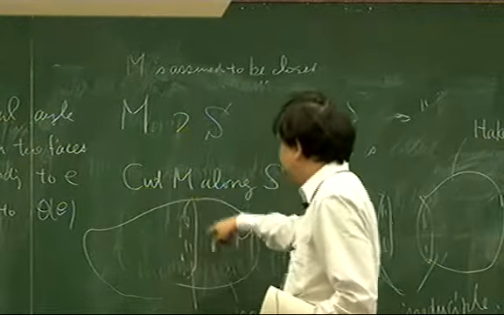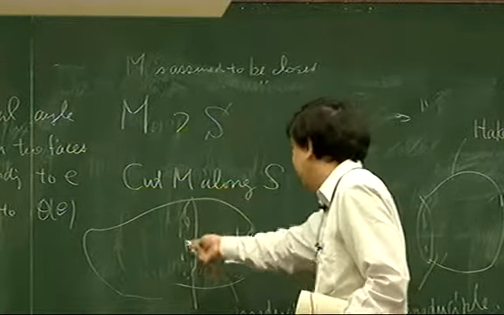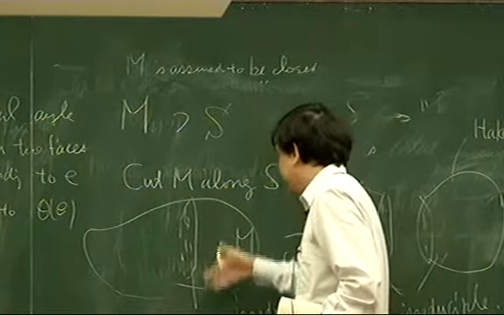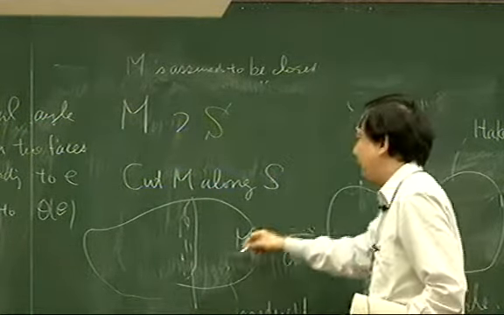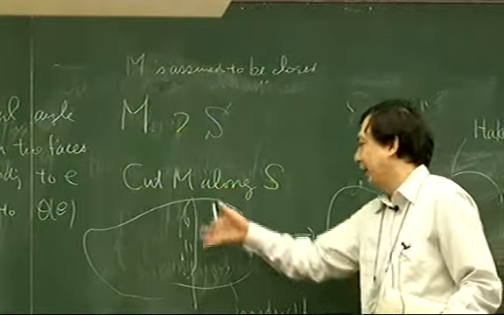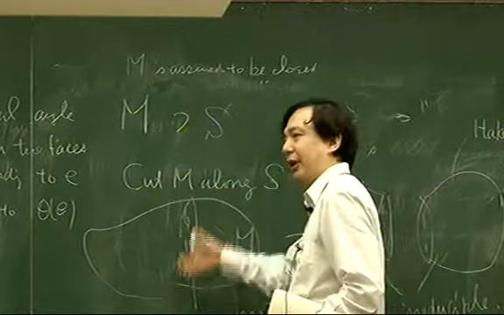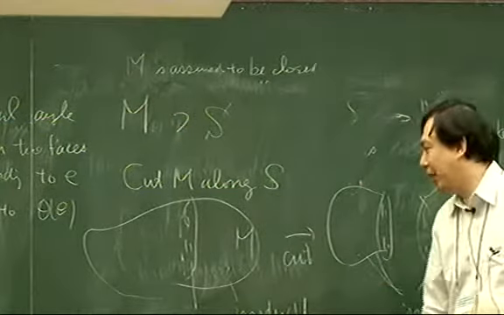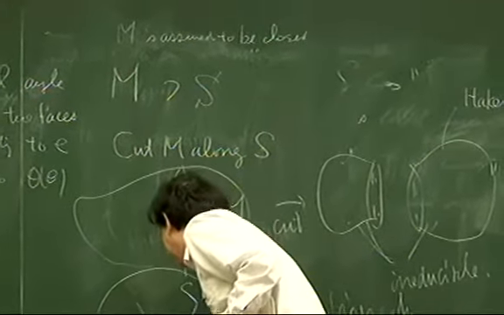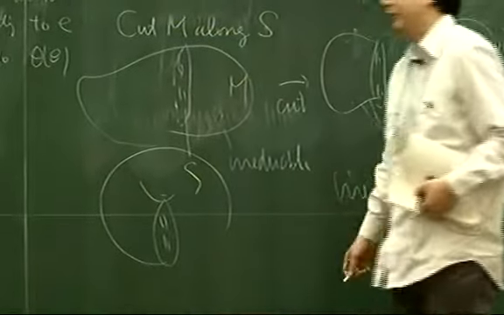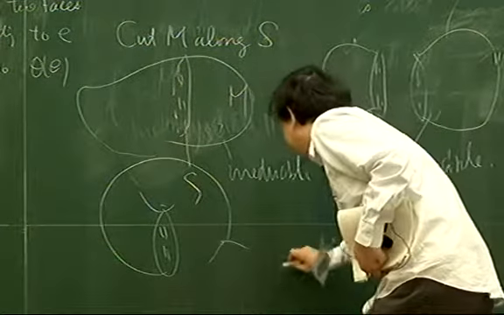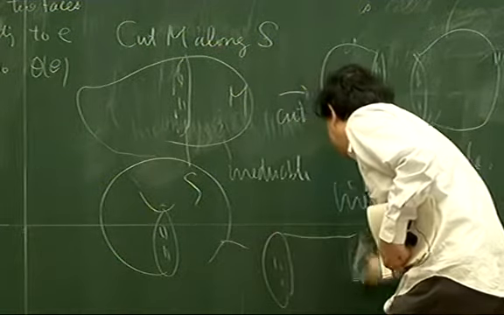Then what you get in the last step is the situation where M has some closed incompressible surface S, and you cut M into 2, or 1 if S is non-separating, then what you get is something like that.